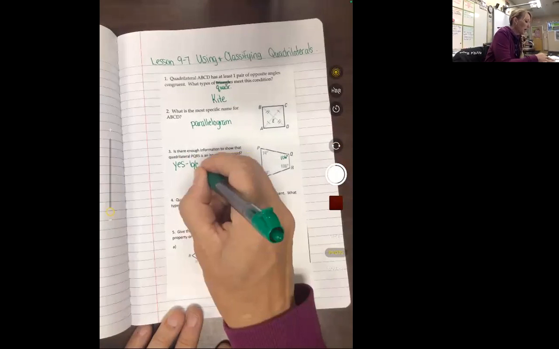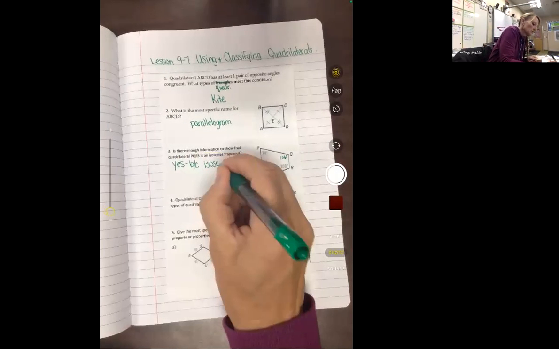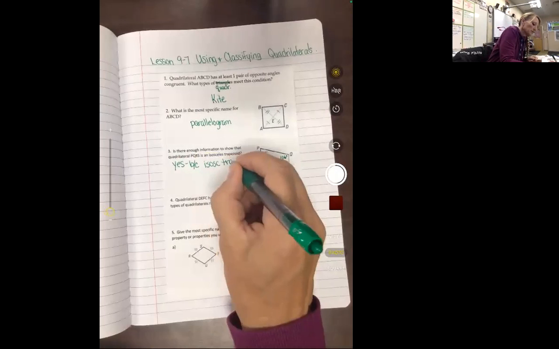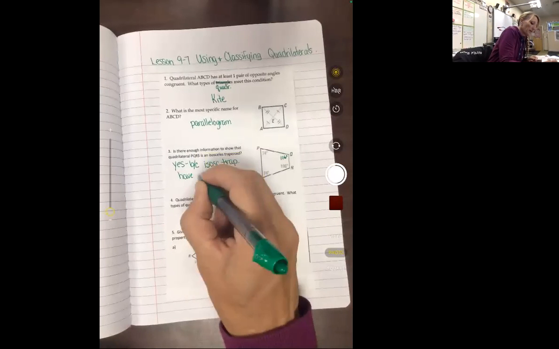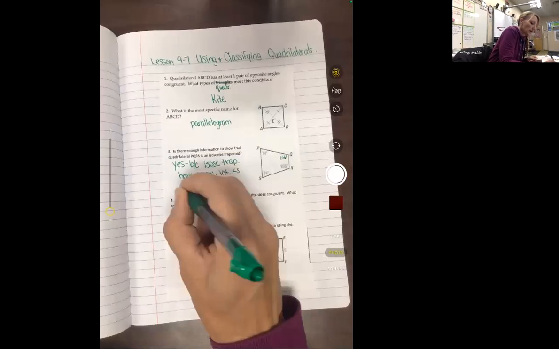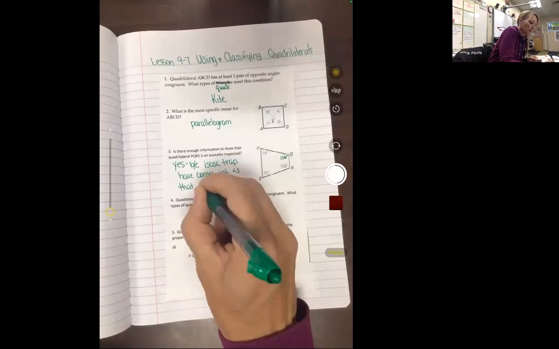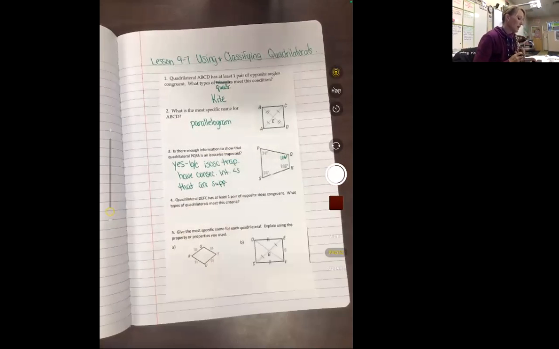And the reason why is that isosceles trapezoids have consecutive interior angles that are supplementary.